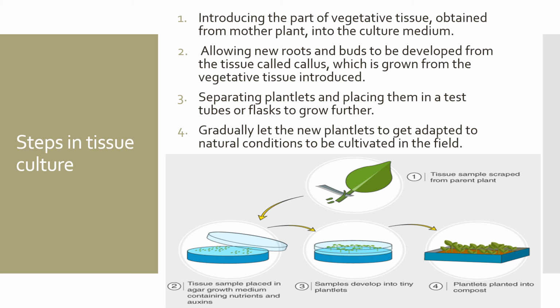So this is a complex process, although I have explained it using these 4 points. Here I have given you a summary of doing the tissue culture, but this is a somewhat complex method because we have to maintain sterile conditions and control the temperature and the amount of light falling onto the tissue, and we have to make the nutrient medium in appropriate amounts by adding the appropriate amounts of nutrients.